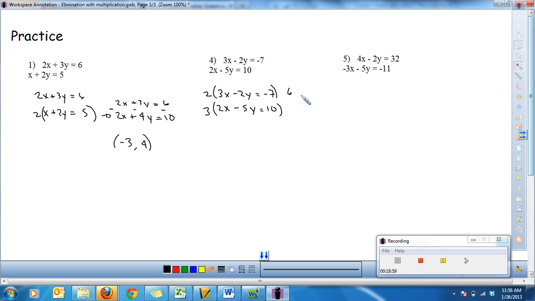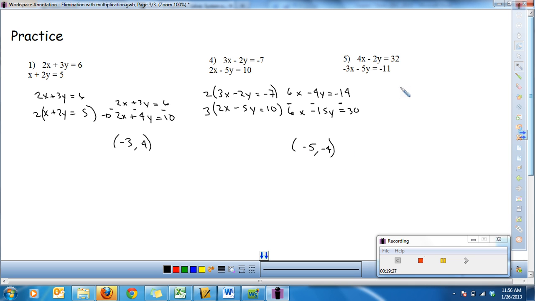That would have given you 6x minus 4y equals -14. On the bottom, you would have had 6x minus 15y equals 30. You could have subtracted your 6 x's, so you have to subtract everything else. Be careful here. This is a -4 minus a -15. Your solution should have been -5, -4.